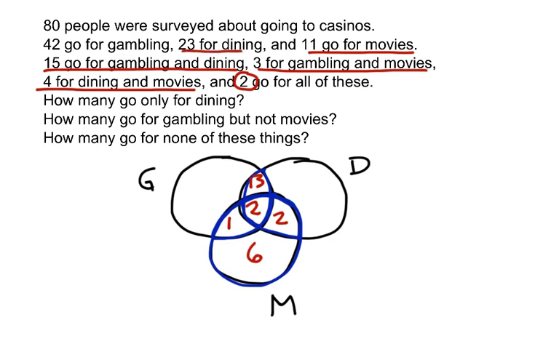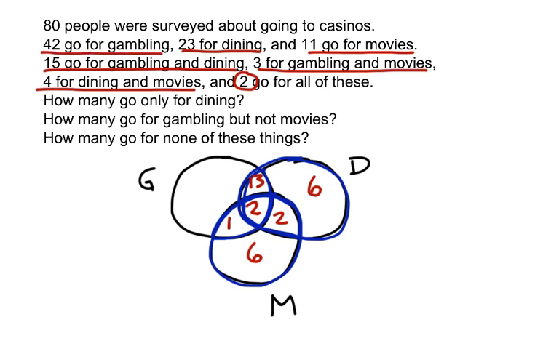I'm told that 23 people go for dining. So inside my dining circle, I need a total of 23 people. So far I have 13, 14, 15, 16, 17. I need a total of 23, so I need 6 more. And I don't have a whole lot left to fill in.